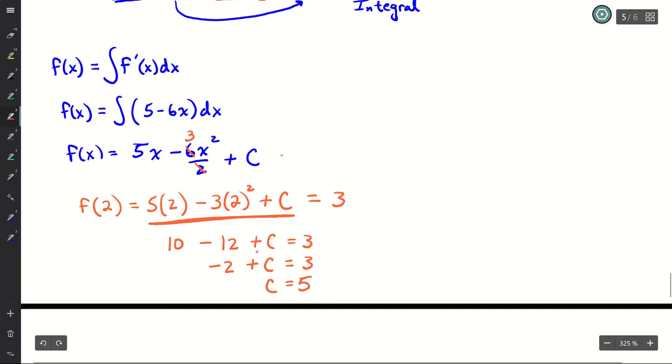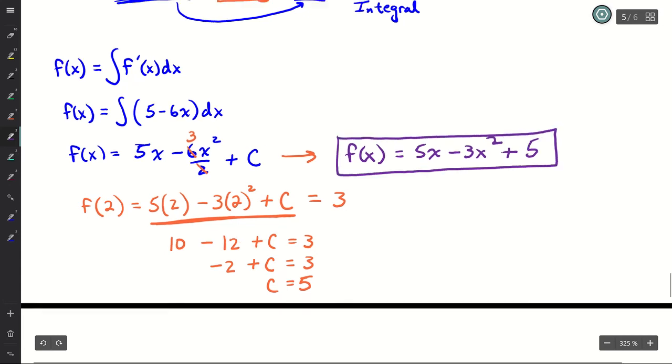So right here, I had a function. Let me go ahead and simplify it. Little f of x was equal to 5x, and then I reduced the 6 over 2 to give me 3. So minus 3x squared plus c. But I now know what the value of c is. The value of c is 5.